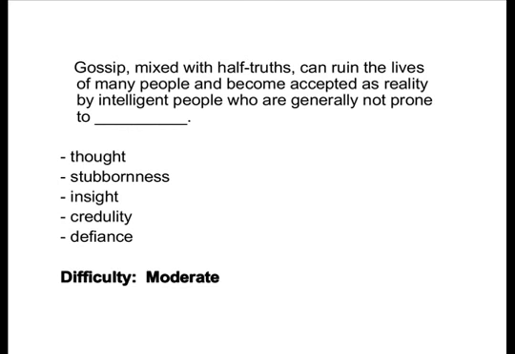That doesn't make sense. Stubbornness doesn't make sense. And insight is too close to thought. Doesn't make sense. Defiance is away from the flow of the sentence. Credulity, hopefully you know what that means, is someone who is easily fooled. That is the correct choice. Intelligent people who are generally not prone to being fooled.